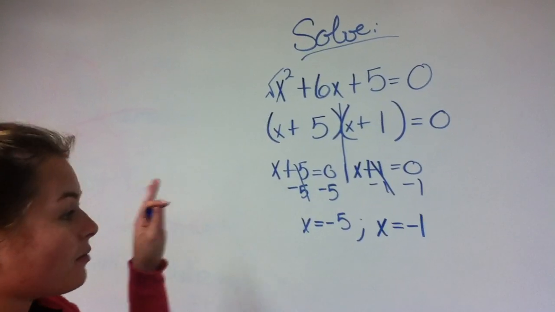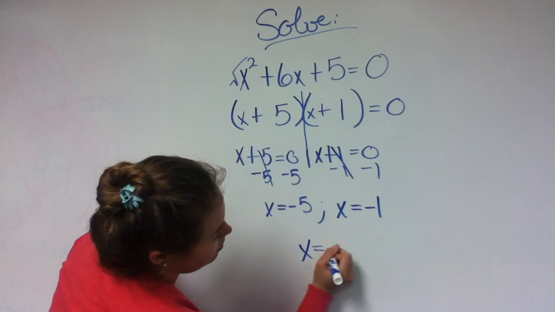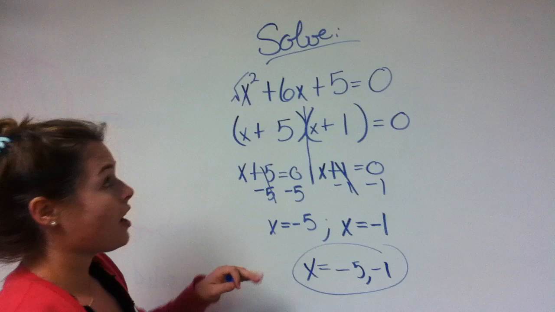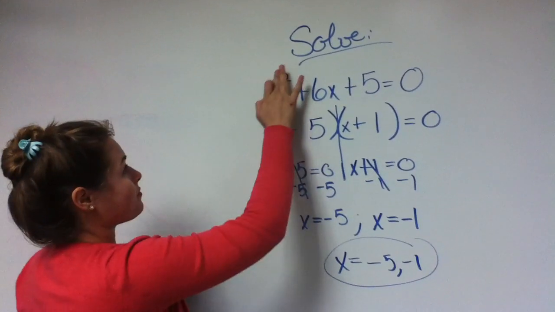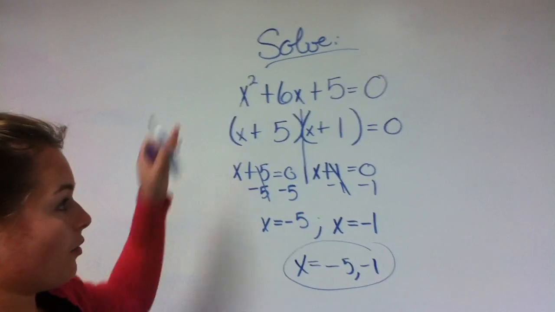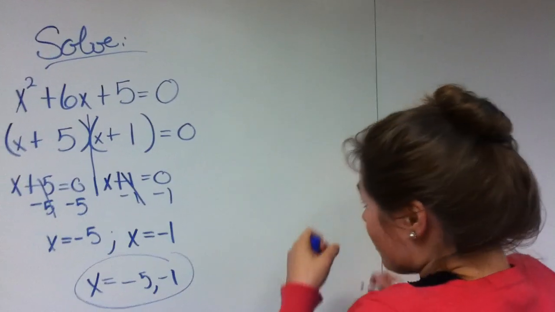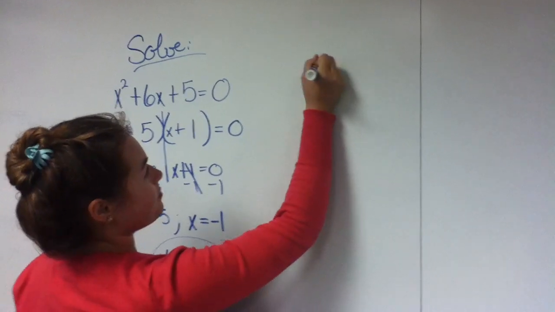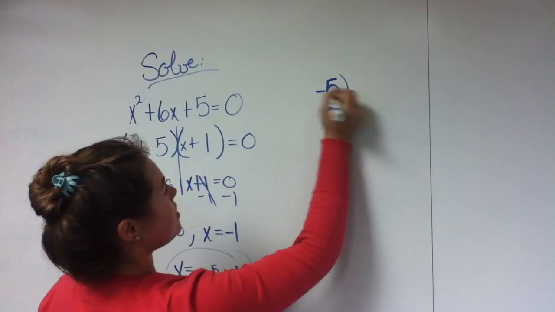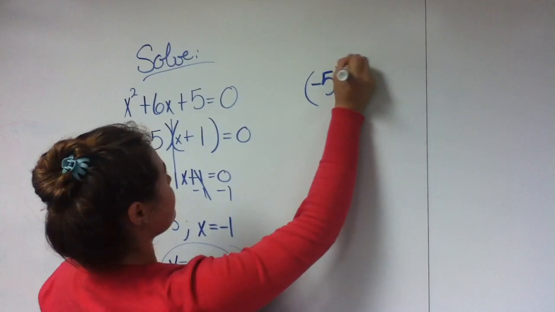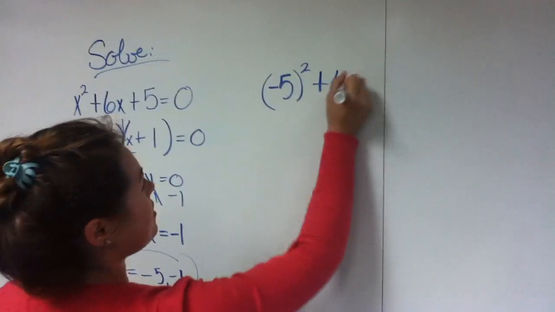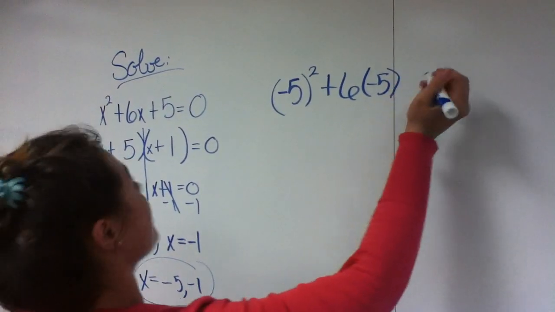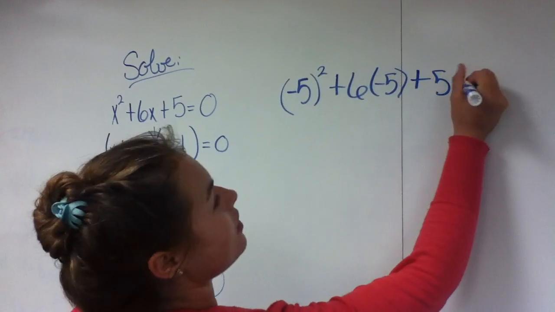Now, x equals negative 5 or negative 1. Those are the possible answer choices. To check this, like usual, we plug it back into the original equation. We start with negative 5: negative 5 in parentheses, squared, plus 6 times negative 5, again with parentheses because you're plugging it in, plus 5, equals 0.